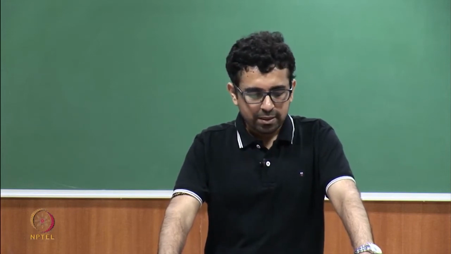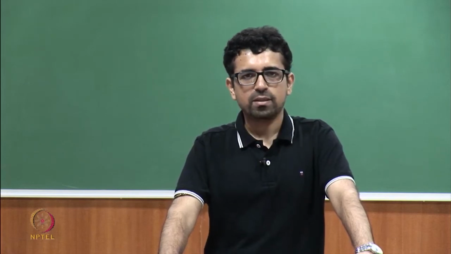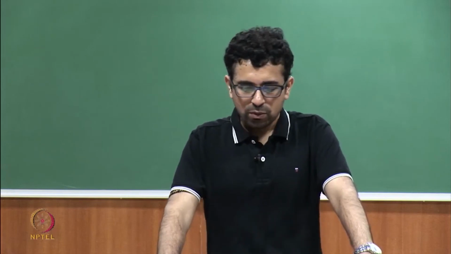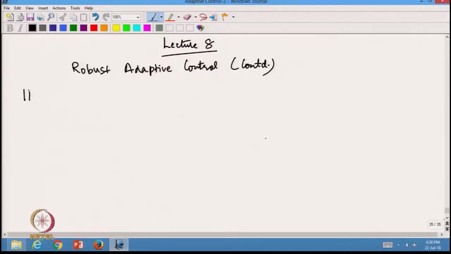So, in that case, is it possible to still guarantee that the parameter estimates always remain bounded? In this class we will talk about two of these techniques. The second technique for a robust adaptive control is sigma modification.